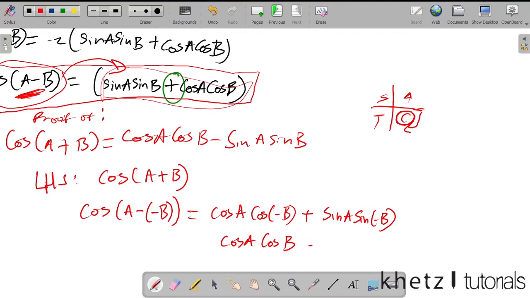We take that negative outside because it multiplies everything, and the result would be this.